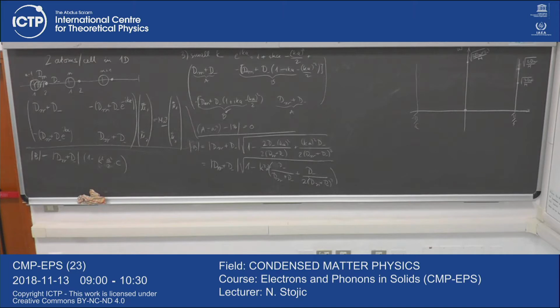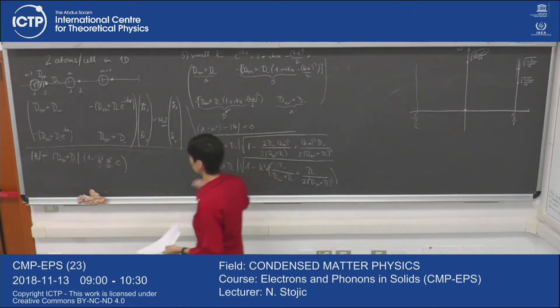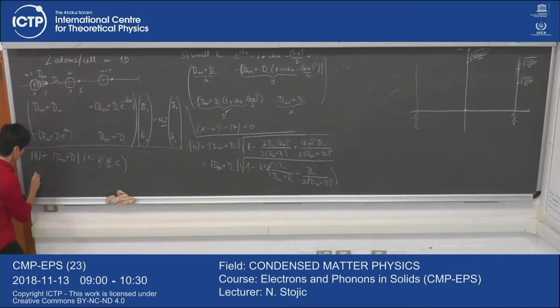Good. And from here we could express the two eigenvalues. Omega 1 squared is a plus absolute of b, and omega 2 is a minus the absolute of b.